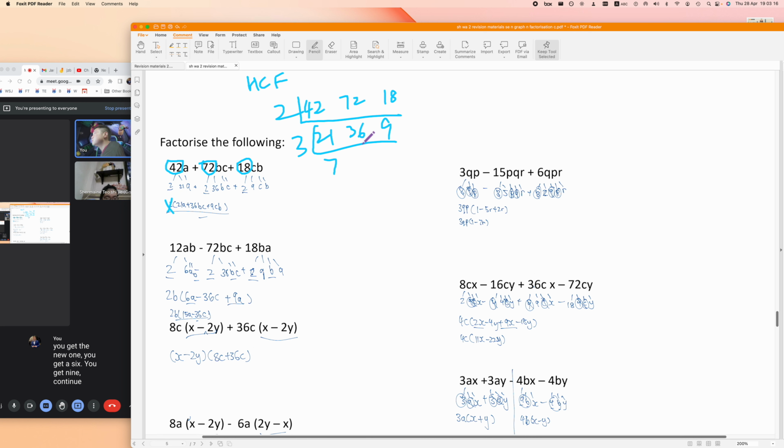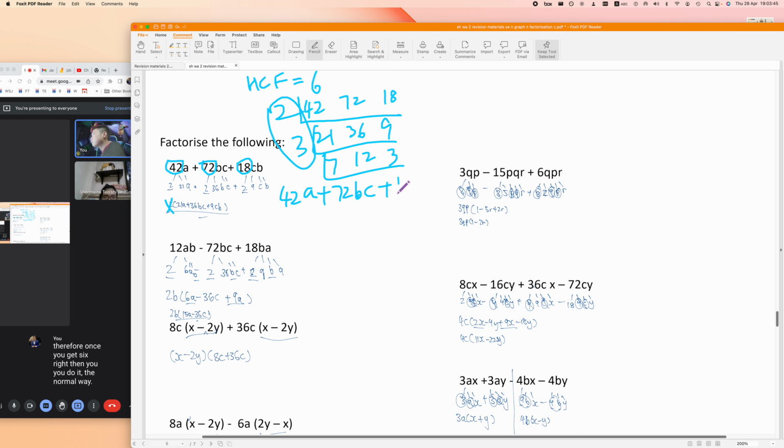Continue, 3, 7, 1, 2, 3. So anything else? No more, right? So the highest common factor is 6, not 2. 6. Therefore once you get 6, then you do it the normal way lah.